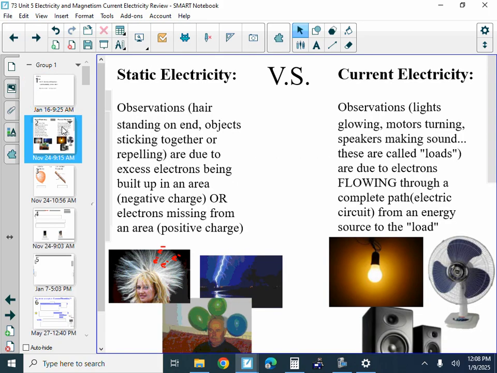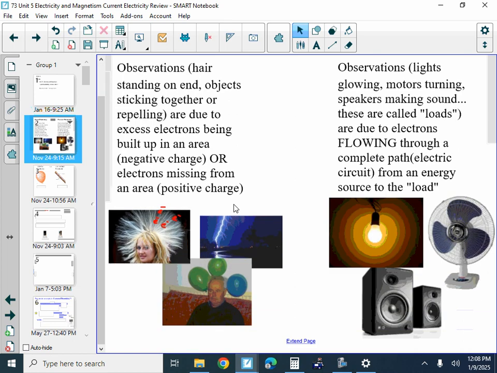Obviously, static electricity may have been covered: the idea of static charges built up, a bunch of electrons built up somewhere, or a bunch of electrons missing from somewhere. Lightning happens because of a bunch of electrons built up that repel away and ground out to the earth. The main observations of attractions, repulsions, and things sticking together are just because of charges that are built up and staying still.